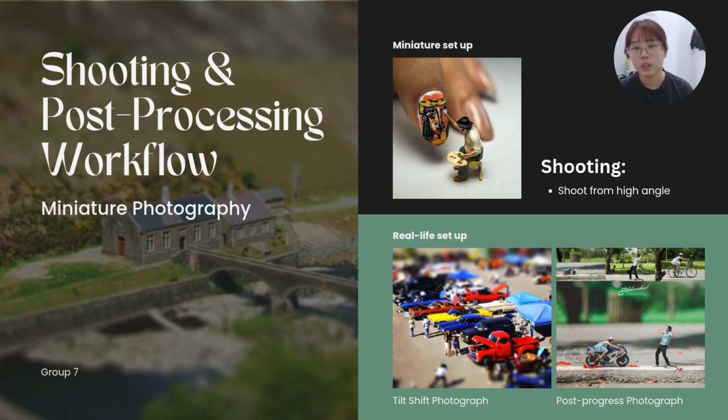Okay, so for now we're talking about the shooting and post-processing workflow for miniature photography. In this photography we have two kinds of setup, which are the miniature setup and the real life setup. For these two setups, they have the same point for shooting, which is that it needs to be shot from a high angle.